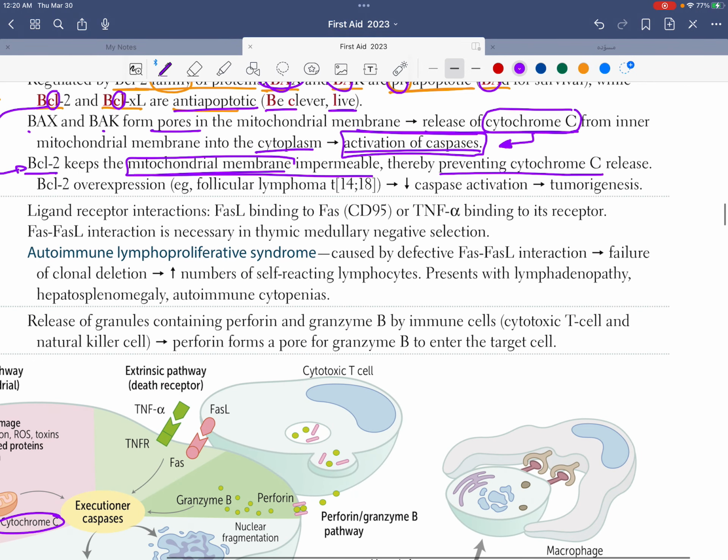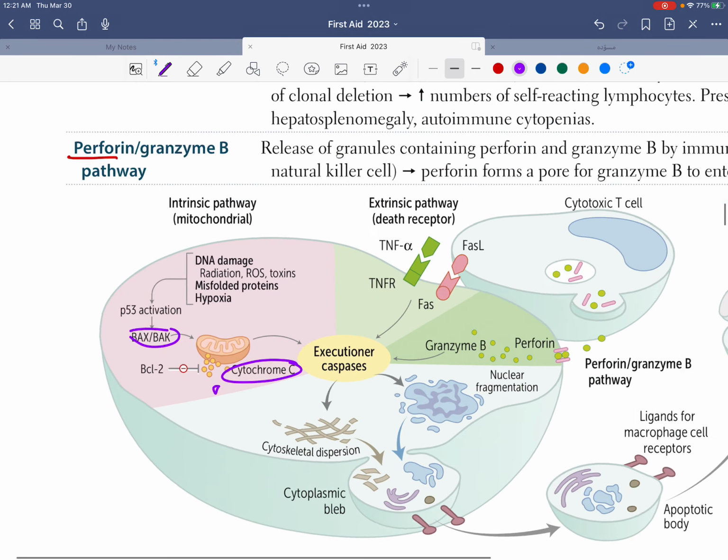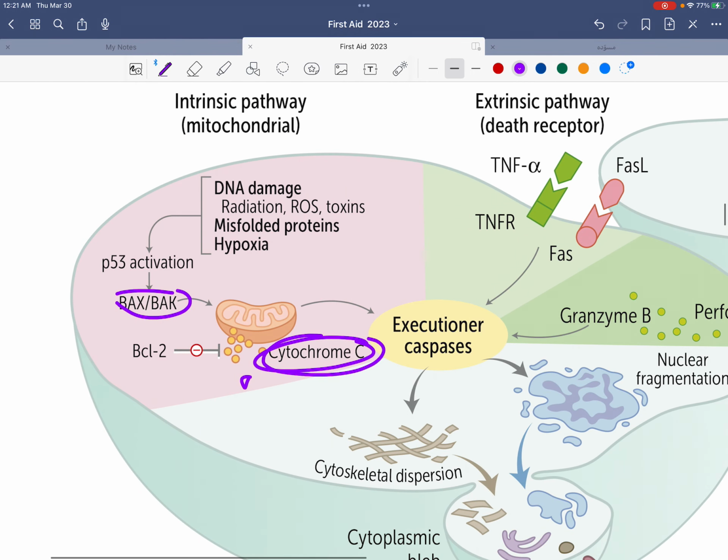BCL2 overexpression, where we have a lot more BCL2 than we need, is seen for example in follicular lymphoma. That's when we have a translocation between chromosomes 14 and 18. That would lead, of course, to decreased caspase activation. And it makes sense: we are not allowing the cytochrome C to go outside, so we are not allowing the caspases to work.